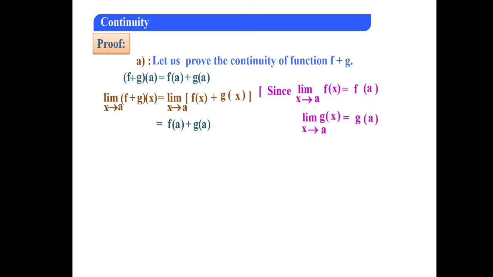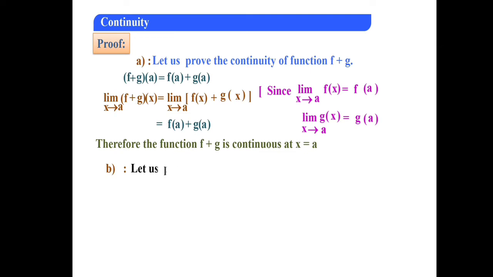Therefore, f plus g is continuous at x equal to a, and a is a general point. Therefore, f plus g is continuous for all numbers, or simply f plus g is continuous. In the same manner, we can prove it for subtraction.